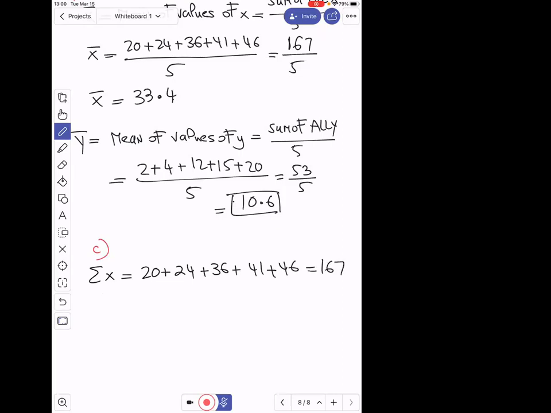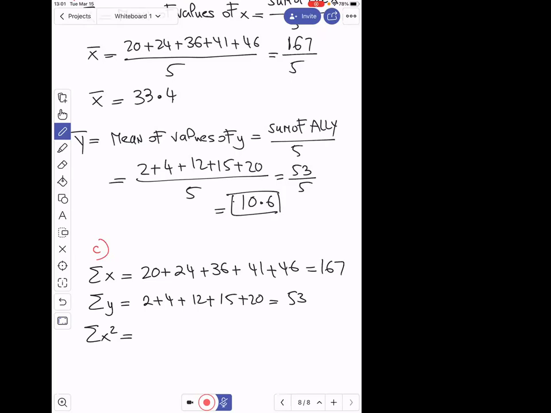And then you need the sum of the y's, which is 2 plus 4 plus 12 plus 15 plus 20, which is 53. And then it says take the sum of the x squares, so you need to take the square of each value of x.